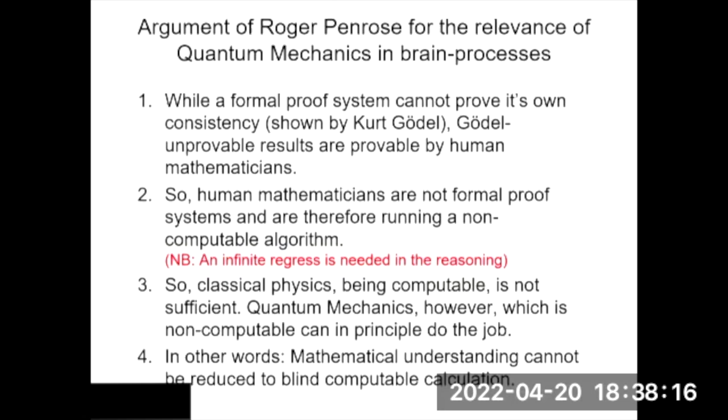But what is also necessary to know is that the Gödel reasoning is that you have statements that it is not possible for the system to know whether they are true or not, while the human, the mathematician, can understand it.